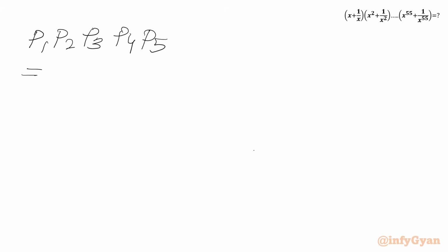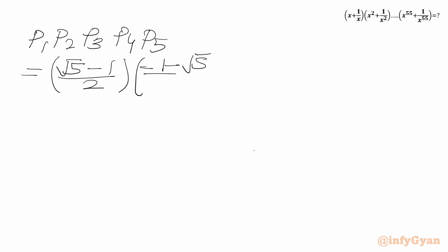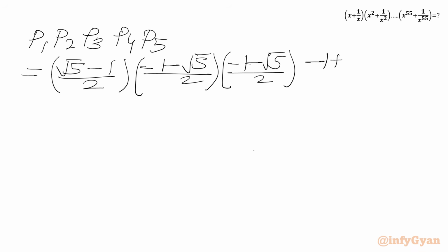This will be equal to (root 5 minus 1) over 2, this is the value of P1. P2 is (minus 1 minus root 5) over 2. P3 is same as P2, we'll write (minus 1 minus root 5) over 2. Now we have P4, which is (minus 1 plus root 5) over 2. And P5 is 2.